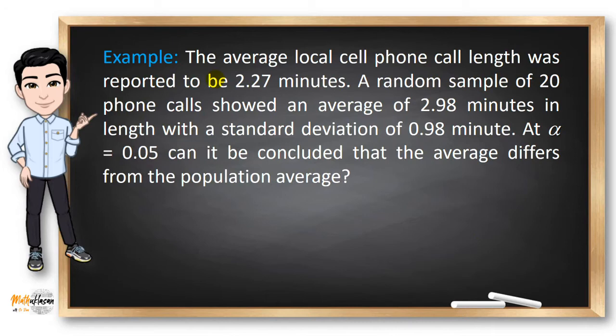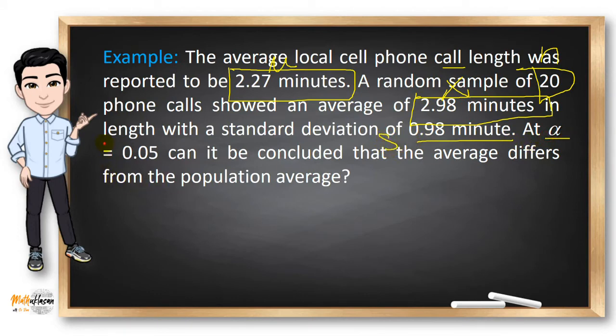So here, 2.27 minutes is the population mean. 20 is the sample size. 2.98 minutes is the sample mean, so this is x bar. 0.98 is the sample standard deviation, and the level of significance is 0.05.